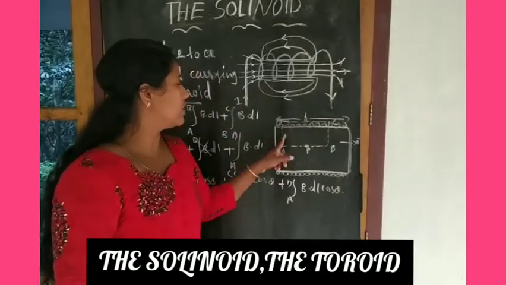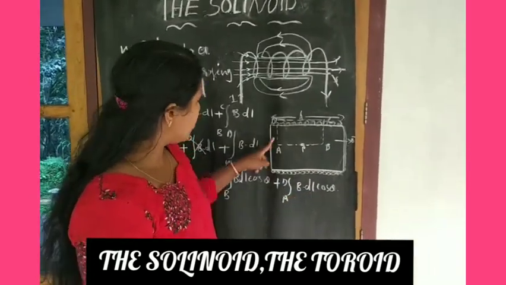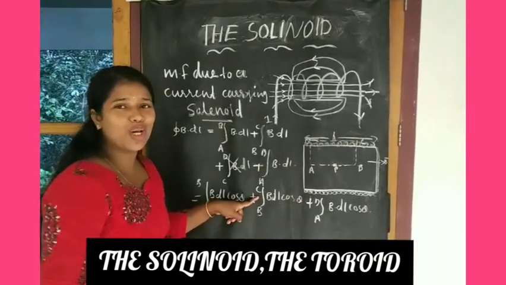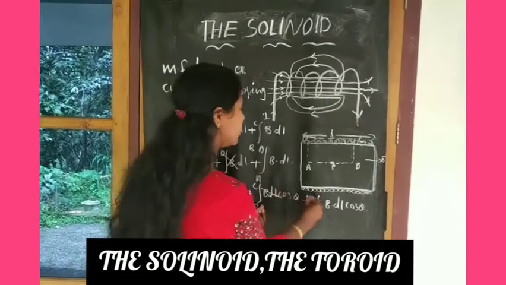In these two cases, the field is perpendicular, so theta is 90 degrees. Cos 90 is equal to 0, so no need to consider those two terms.